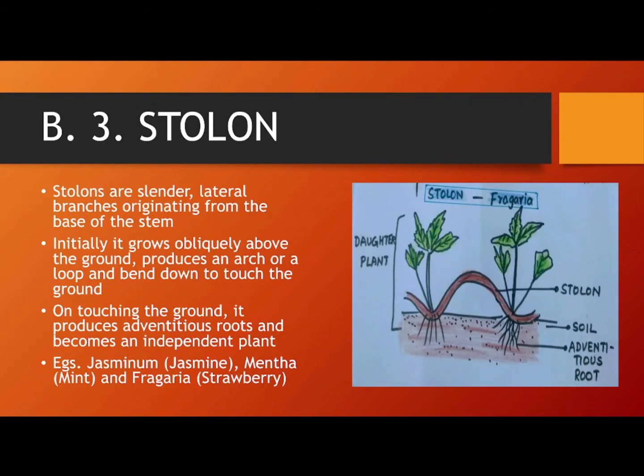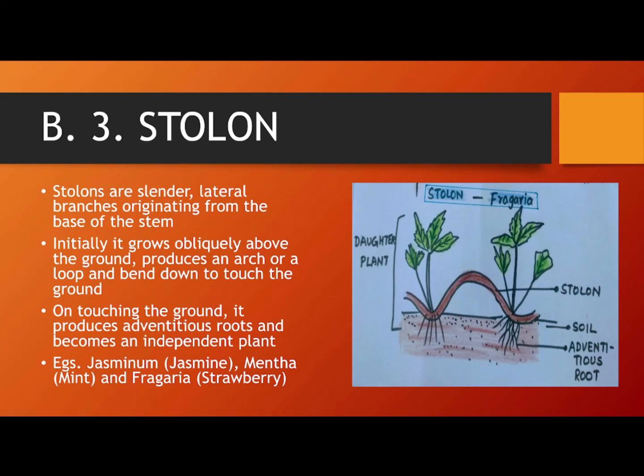Stolon. Stolons are also slender stems whose lateral branches originate from the base of the stem. Initially, stolons grow obliquely above the soil, producing an arc or a loop. So in the diagram you can see that arc or the loop.